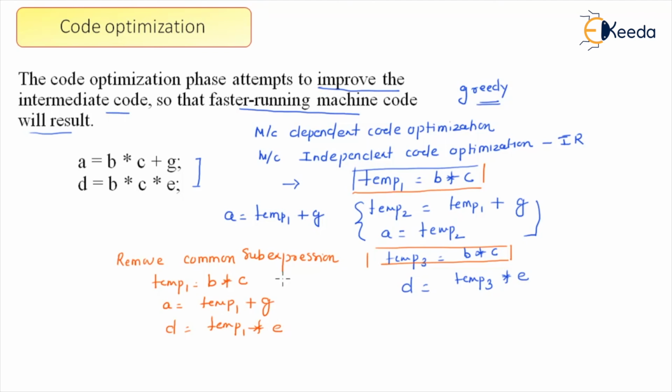So I can perform the same task in this way. When we finally translate the earlier code into machine language, there will be a multiplication statement for this one, and another multiplication statement for this one. That will consume more number of cycles.